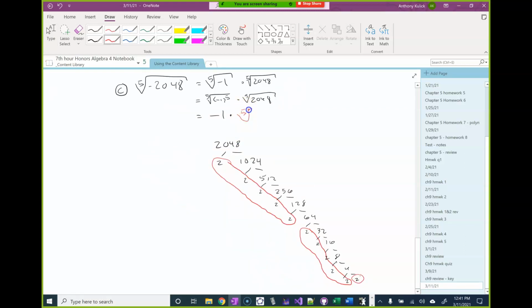So we have the fifth root of 2 to the 5th times another fifth root of 2 to the 5th times the fifth root of just 2. So we have -1 times 2 times 2 times the fifth root of 2, or -4 fifth root of 2.